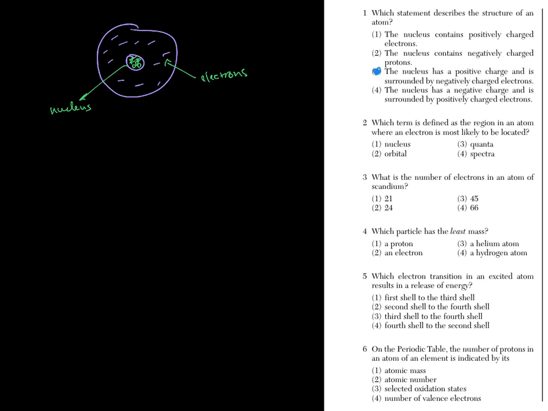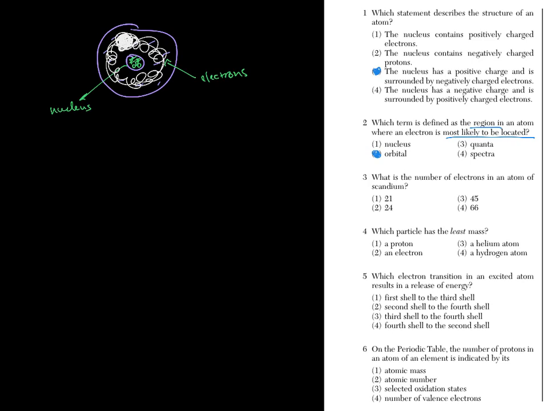Number 2, which term is defined as the region in an atom where an electron is most likely to be located, and that's an orbital. So our more recent models of the atom kind of talk about the probable locations of electrons, and we imagine it as sort of this cloud-like region where the denser the cloud, the more likely an electron's going to be, like in here.